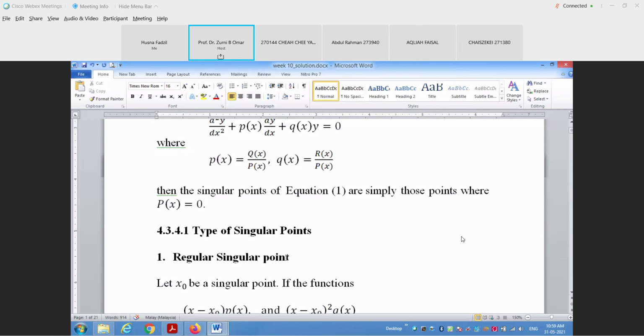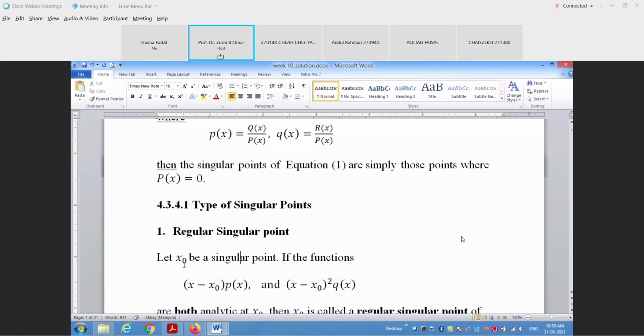Let's go to the first type, which is regular singular points. Now let x naught be a singular point. In the previous section, x naught was an ordinary point. But in this section, x naught is a singular point.